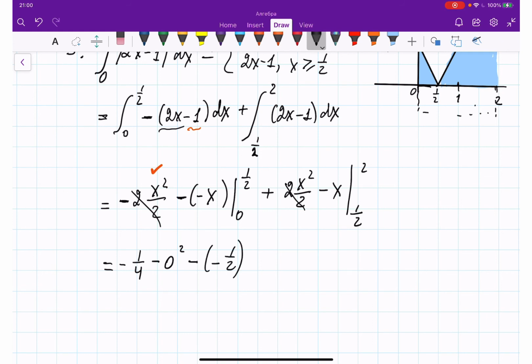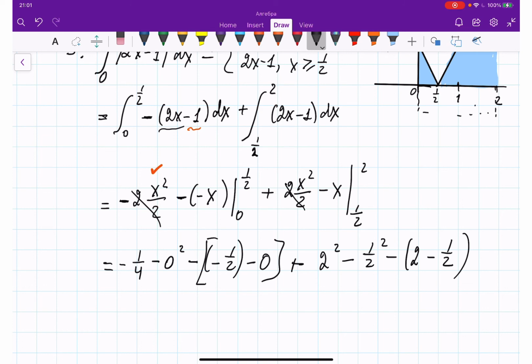And then we are going to have minus 0, and then plus, it's going to be x, which is going to be 2 to the power 2, right? Minus 1/2 to the power 2, and minus, now we plug x. So it's going to be 2 minus 1/2.